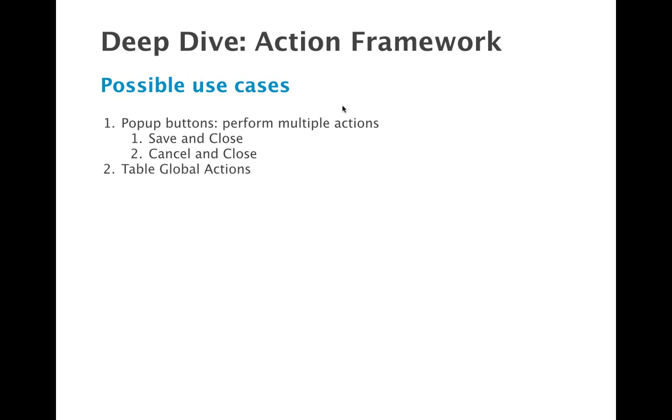Some other really powerful examples are in tables. Table global actions. Right now there's an action for you to create a new row, but there's also another action for showing in a pop-up. So what the action framework lets you do now is to create a new row and then edit it in a pop-up. So the row you've created will become the context for what that pop-up is showing, and you can both create a new row and edit it in a pop-up.